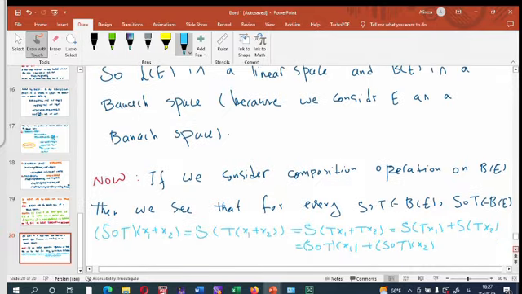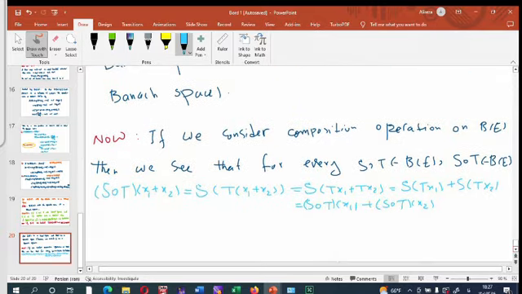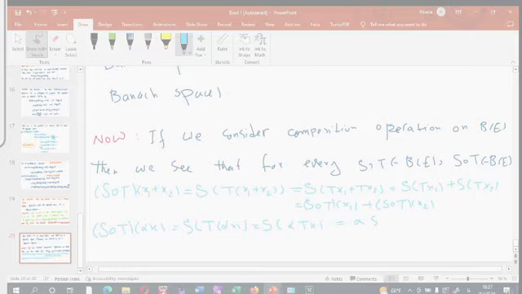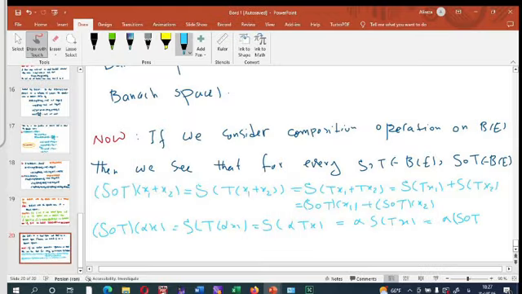And similarly, S∘T of alpha x equals S of T of alpha x, and this is equal to S of alpha T of x, because T is linear, and this is equal to alpha S of T of x.